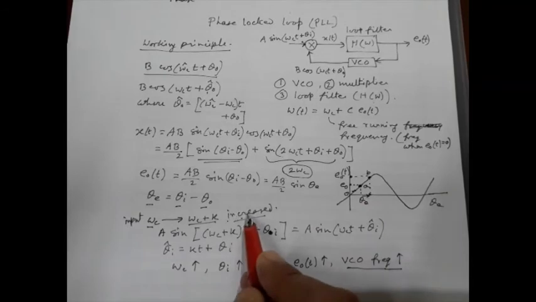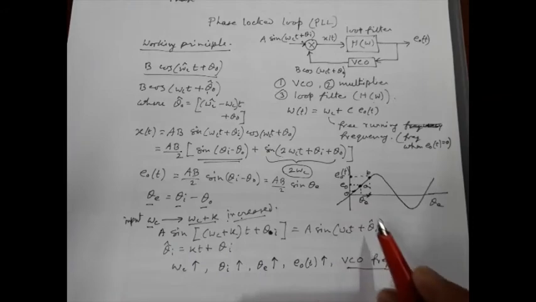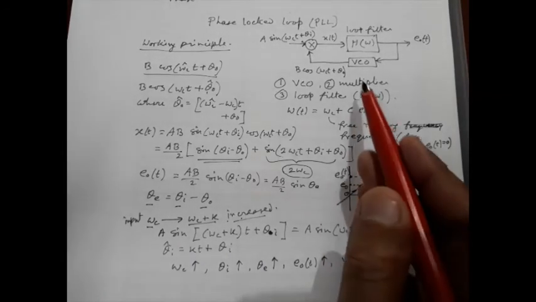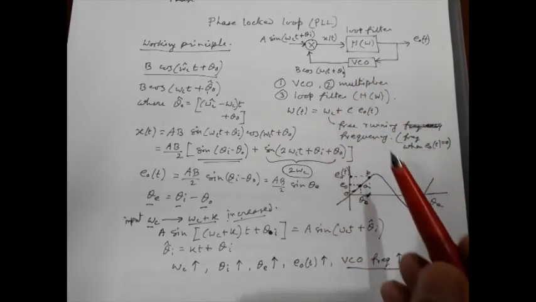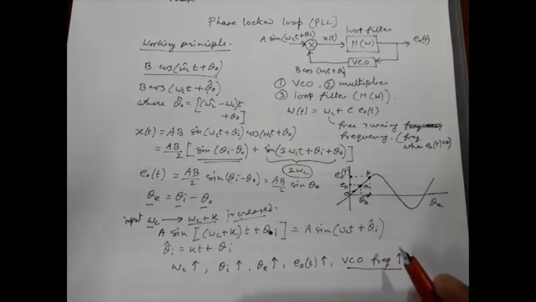So the error voltage will be reduced, and since the error voltage is reduced, the corresponding VCO output frequency will get reduced, and the PLL will be again locked. So all the things will be just reversed when the frequency is decreased.